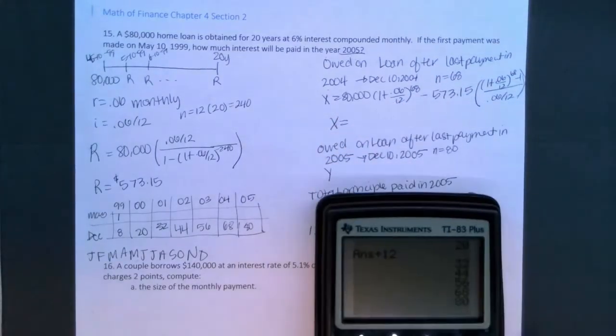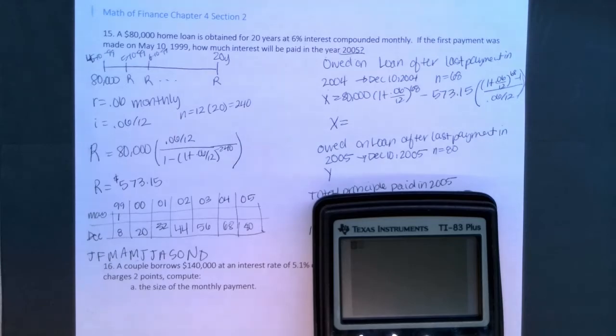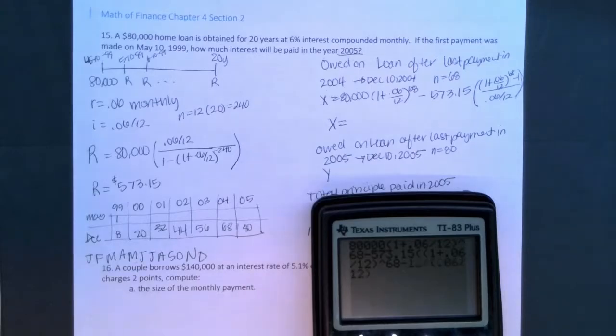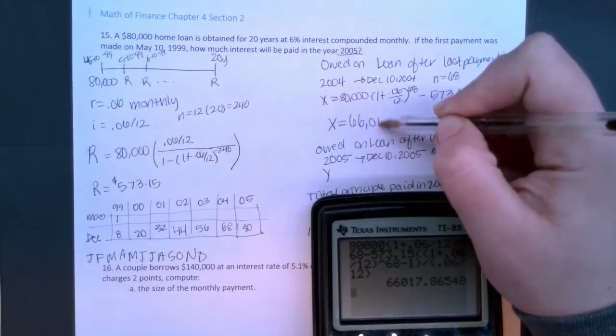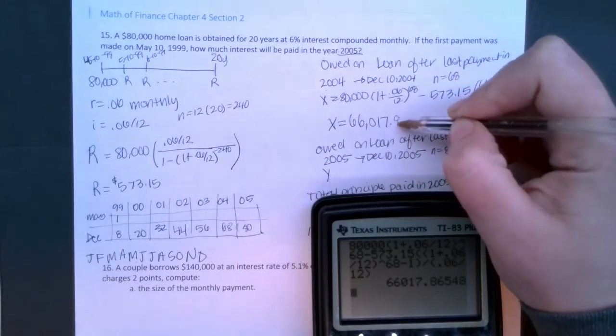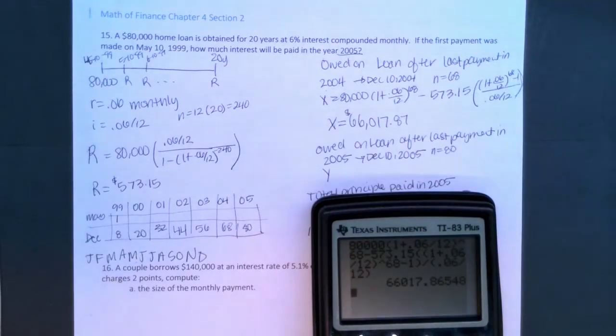So for X, we're going to get 80,000 times 1 plus 0.06 over 12 to the 68 minus 573.15 times, so this is the beginning of my numerator, 1 plus. So that means we still owe $66,017.87, rounding to the nearest penny.